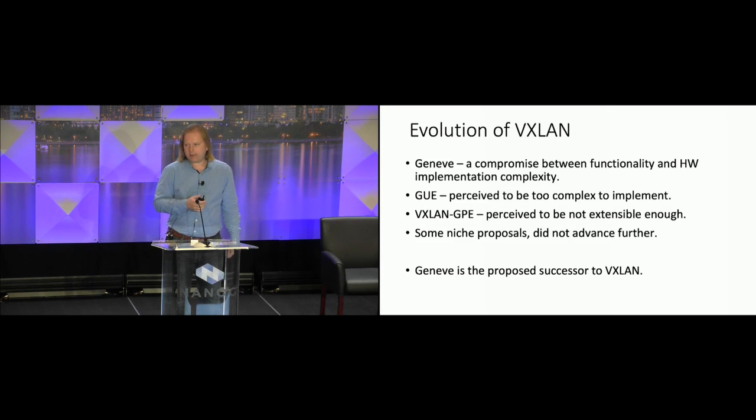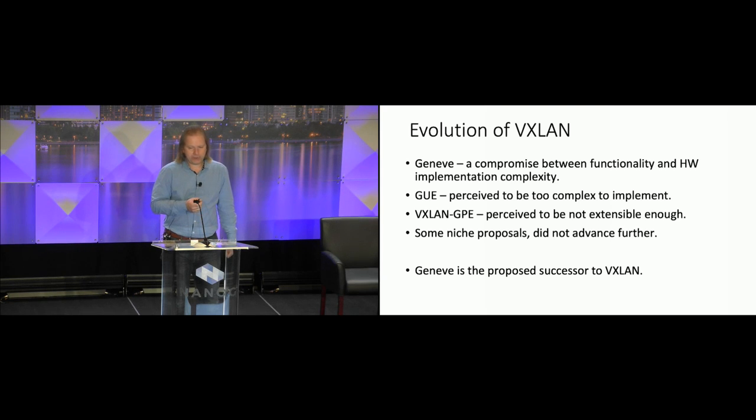And what resulted? There were a multitude of proposals. Three main ones: Genève, this is actually not an abbreviation, this is the name of a protocol. GUE, generic UDP encapsulation, and a direct and semi-backwards compatible extension to VXLAN, the VXLAN generic protocol extensions.